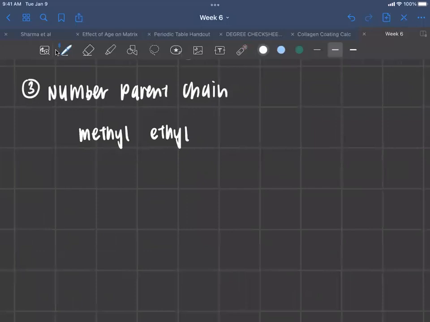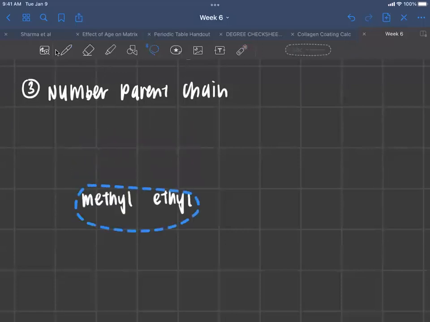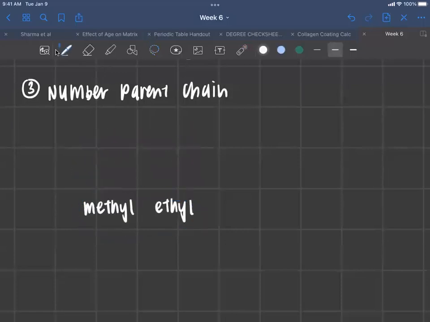Again, number 3 might not make too much sense right now, but we will definitely apply this rule when we get to our examples. So again, we are dealing with numbering of our parent chain. The first rule we go by is the locant rule.